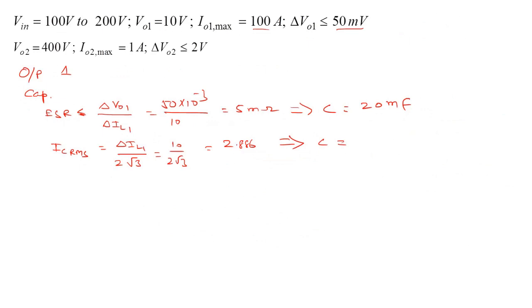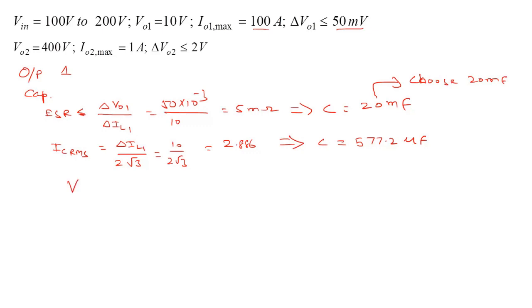So 2.886 divided by 5000 gives me 577.2 microfarad. So we would use this value, because that is the highest requirement, the worst case requirement.